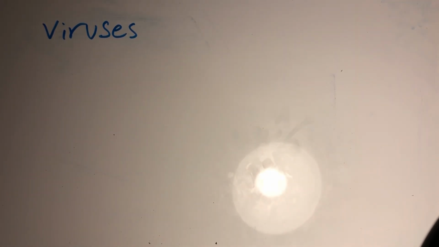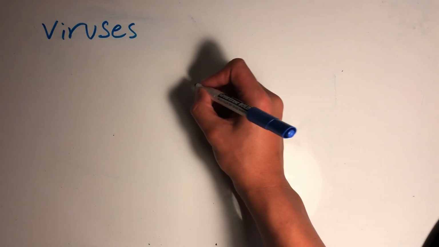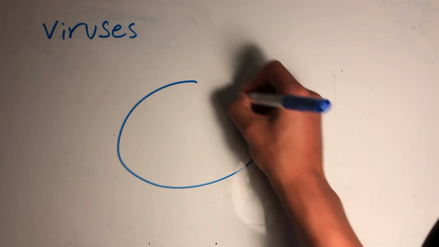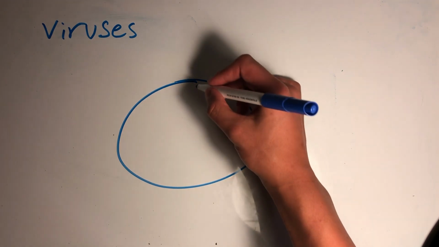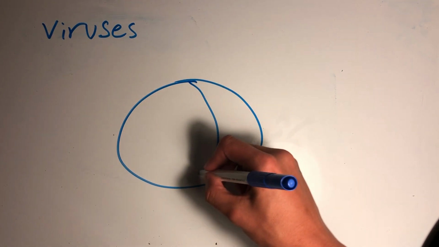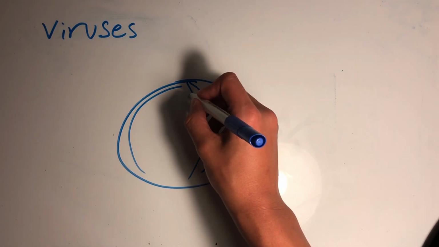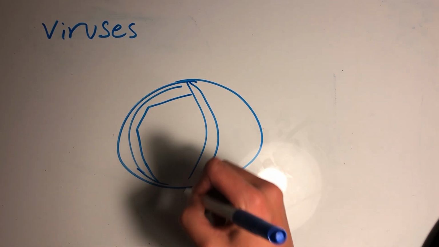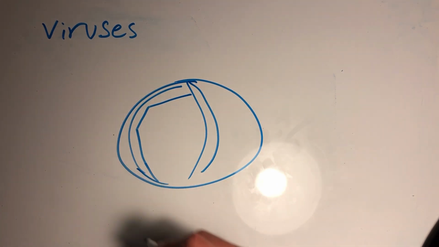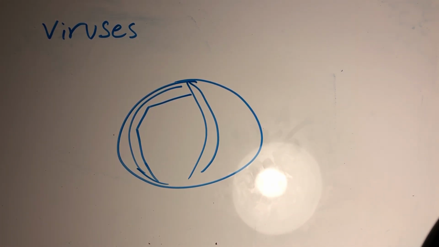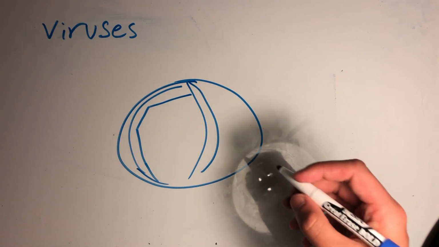Okay, so for example, basically trying to explain the composition. Most viruses are enclosed in this big envelope, and within the envelope we have this thing called the capsid, which is actually just a bunch of things called capsomeres.